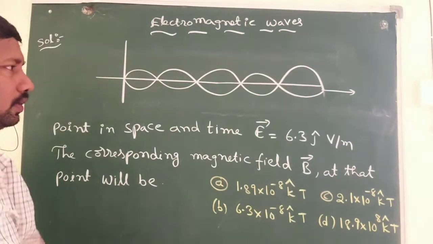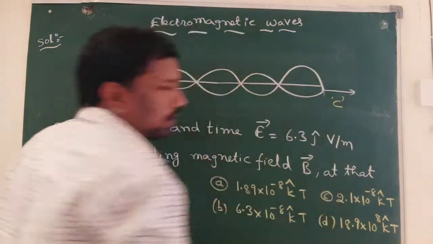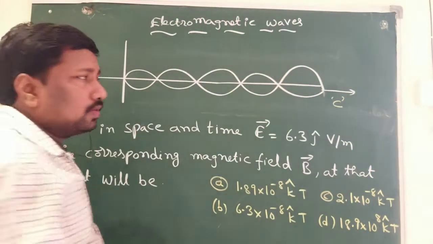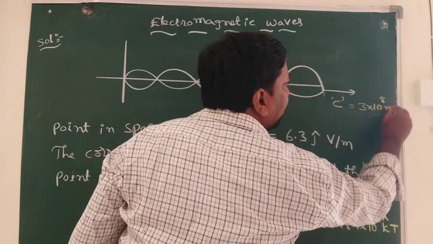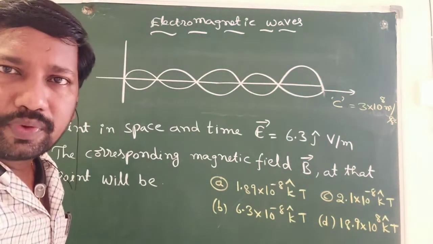Here C is the speed of the electromagnetic waves. Its value is 3 into 10 power 8 meter per second.